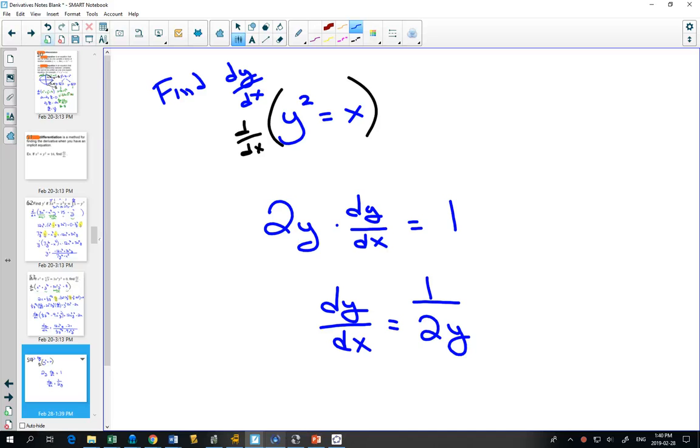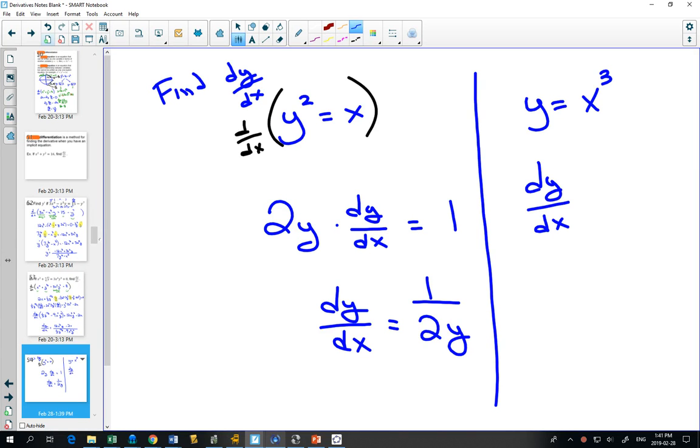Okay? Now let's say y is equal to, I'm not sure if this is going to work, but I want to play around with this. Let's just say y is equal to x cubed. Can you tell me what the derivative is? I'm trying to think if this is going to work nicely or not.